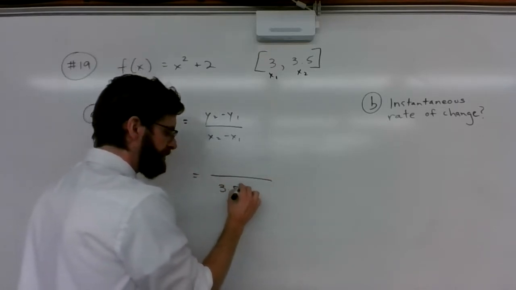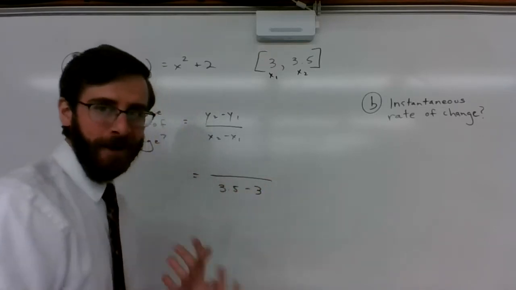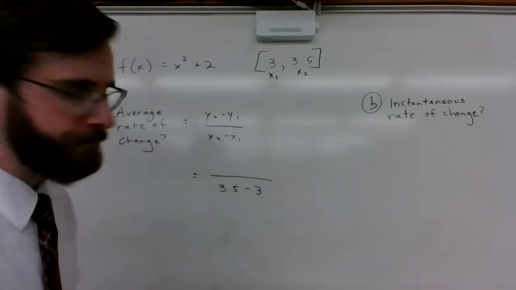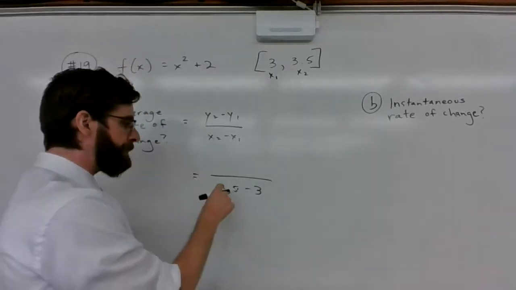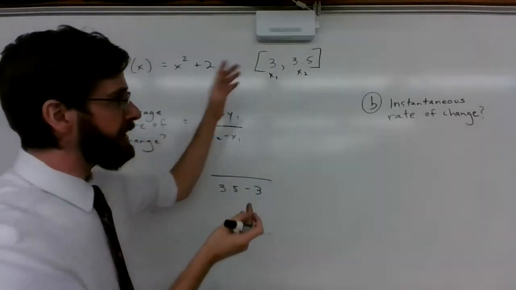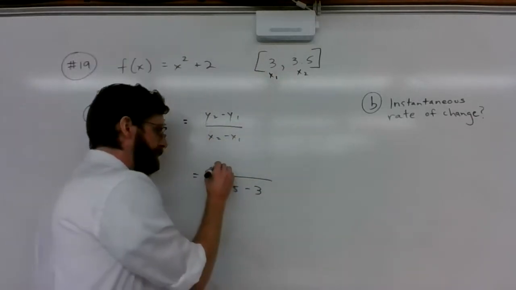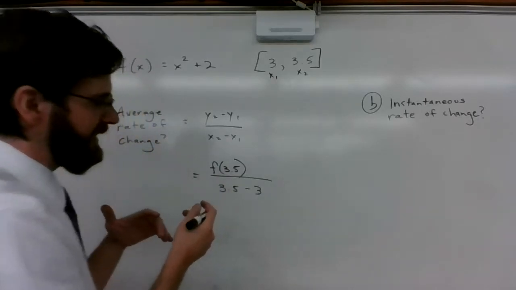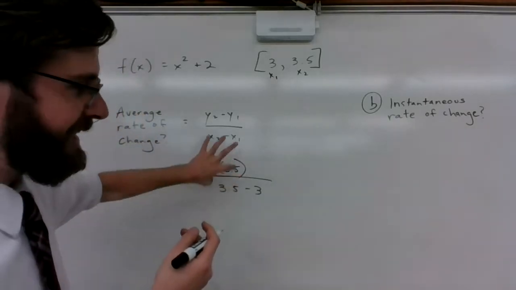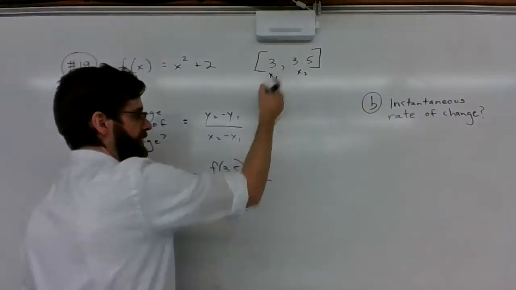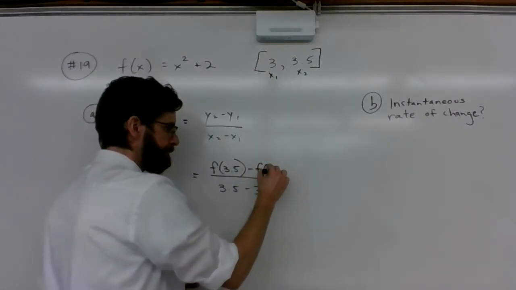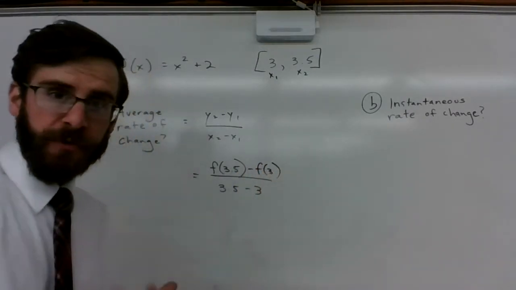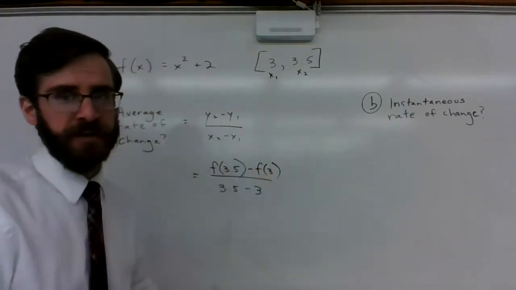So on the bottom is going to be 3.5 minus 3. On top, to get the y values, you've got to plug in the x's. I got to plug 3.5 into f to get the y2, and then the same thing here. So that's really the gist of average rate of change.